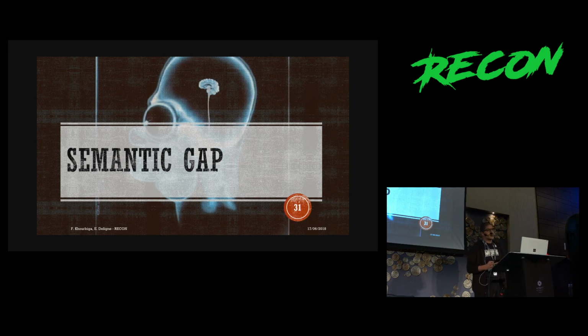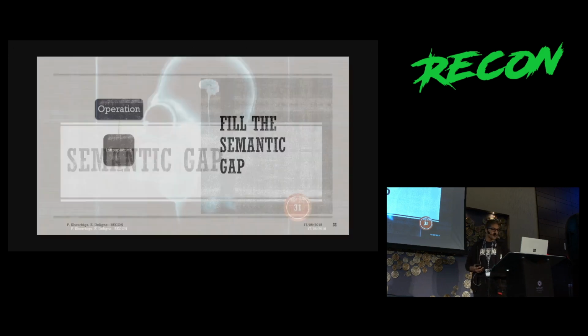Meanwhile, the hypervisor works without knowing what the virtual machine does. So this is what we can call the disruptive model between the hypervisor and the virtual machine. This frontier between these two components is what we call the semantic gap, and we have to fill it in order to understand what the guest is doing.